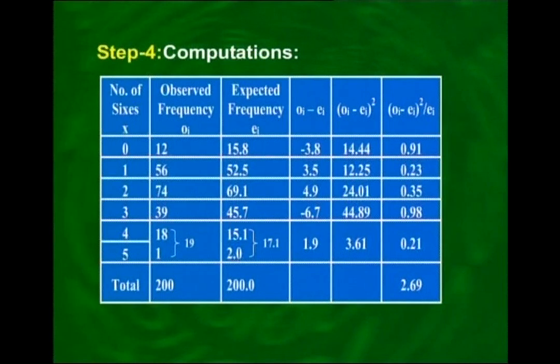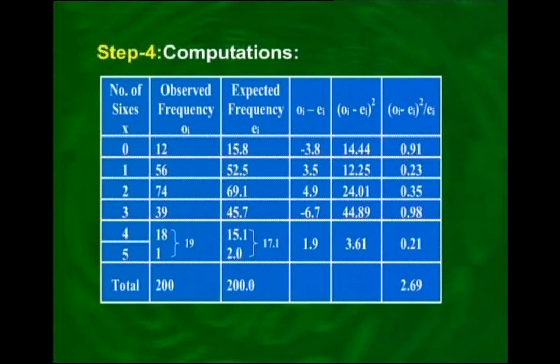The fourth step is the computation of the test statistic, and for that purpose we construct the columns of OI minus EI and OI minus EI whole square divided by EI. Now, the sum of this last column is equal to our test statistic, and in this problem it is equal to 2.69.